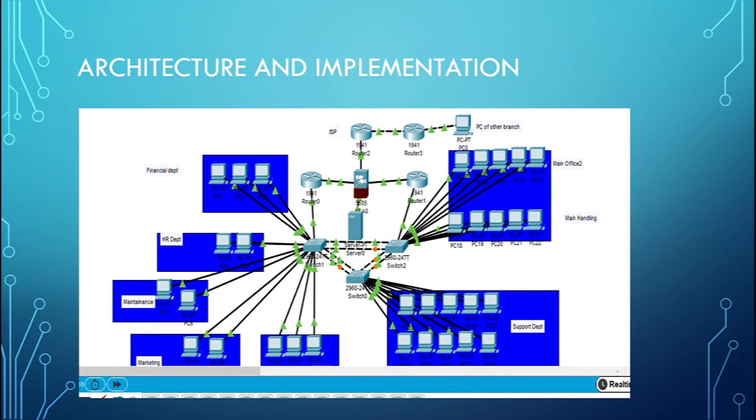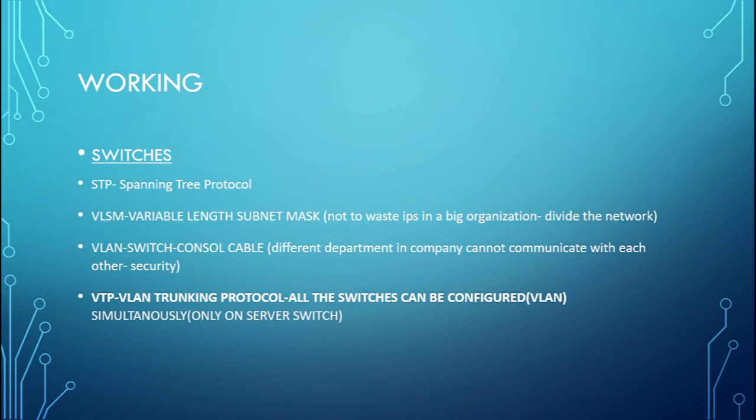As you can see here, there are three switches, so there may be a loop if we have not used STP, and the packet doesn't go from one place to another. It will go round and round in the loop. To avoid that, we have used STP. The use of STP prevents the looping and the communication between the departments within the company continues.